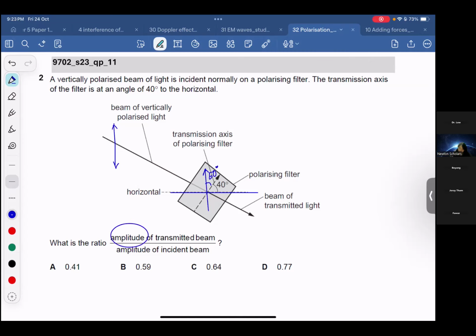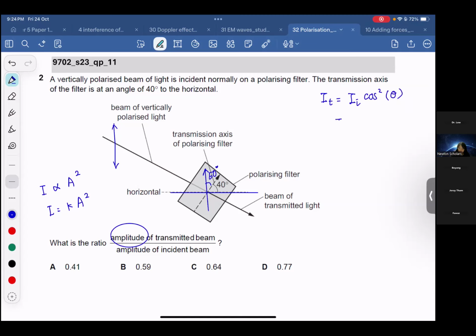Amplitude. We learned about intensity and amplitude. Intensity is directly proportional to amplitude squared. In formula, we can put a constant: I equals K A squared. Let me have a look at what they want. Transmission, I put T. Incident, I put I. Cos square delta.